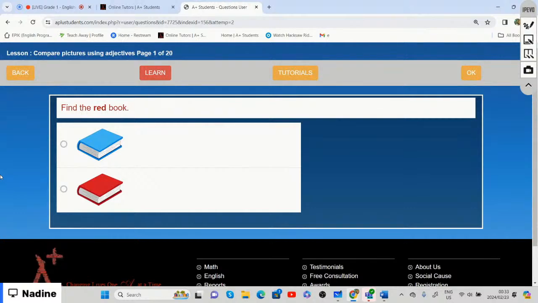Yes, we have a red ball, which means that red describes the ball in color. So find the red book.